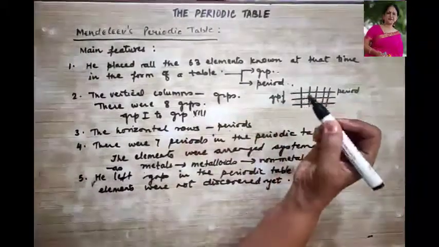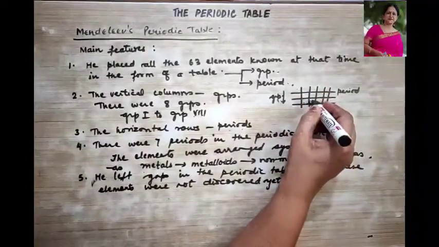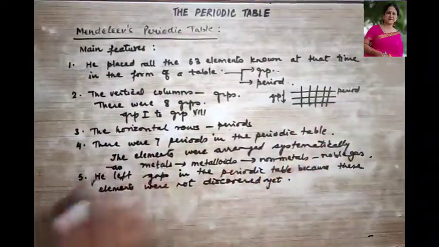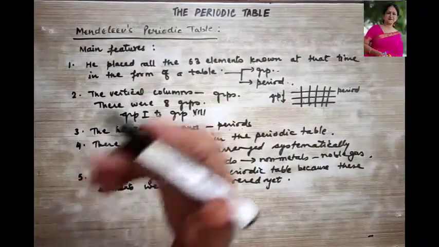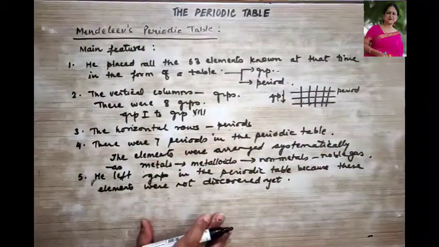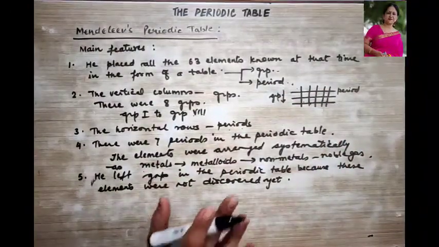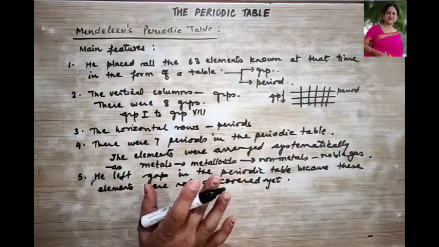Even for all those elements which were undiscovered at that time, he left the gap in between, because he was a far-sighted scientist, thinking that in the future, whenever that element is discovered, it will be placed in that gap. So he left the gap in the periodic table. I hope all these points are very clear to you.